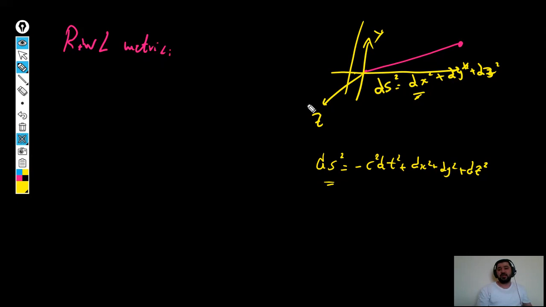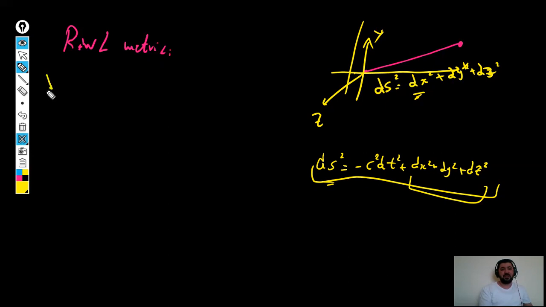So we now need to build the metric for the space-time on large scales to be homogeneous and isotropic. This is the first thing. Now, on the other side, we also need to take the expansion of the universe into account. So we need these spatial coordinates to be expanded.